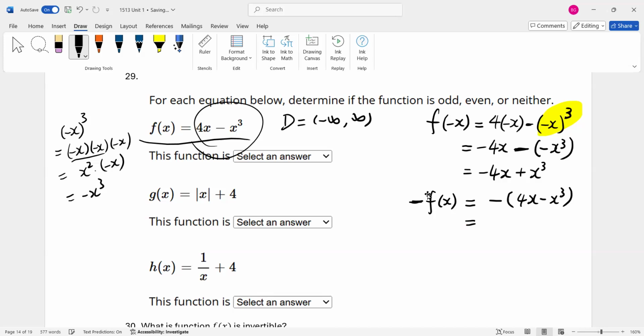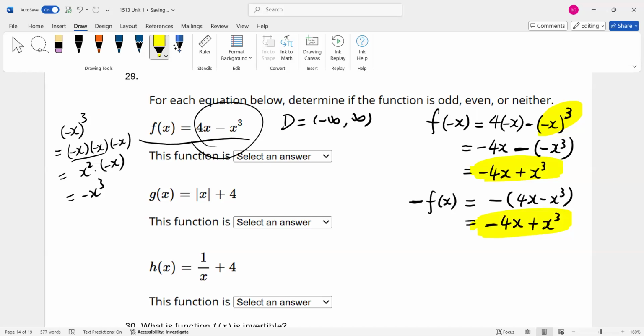We distribute. When we distribute with the coefficient -1, we just remove the parentheses and all the members change to their opposites. So positive 4x becomes negative 4x. Negative x cubed becomes positive x cubed. Okay, look at what we have. They are the same, right?